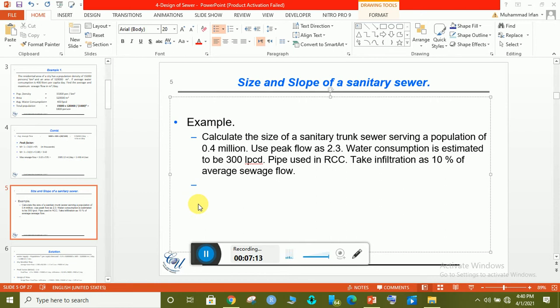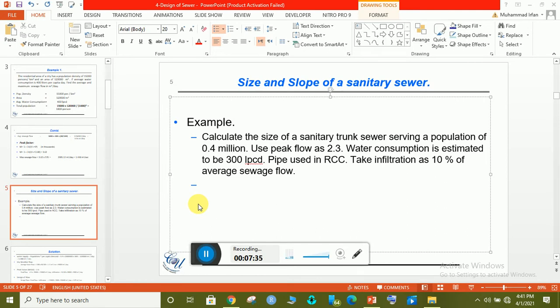The water consumption is also given, which is 300 LPCD, meaning 300 liters per capita per day. The type of pipe is RCC pipe, reinforced concrete pipe.